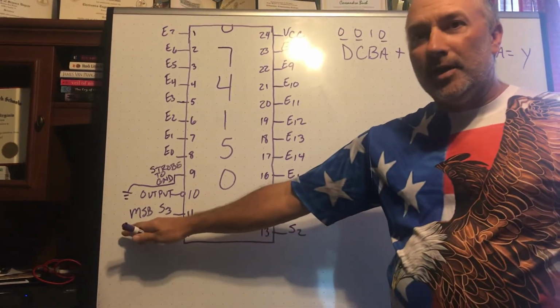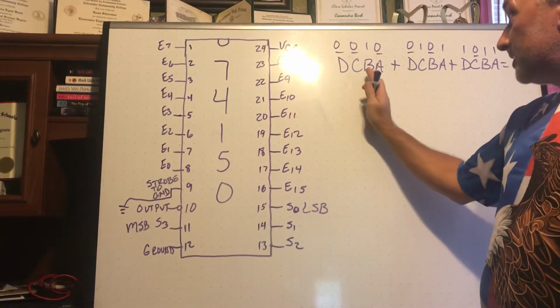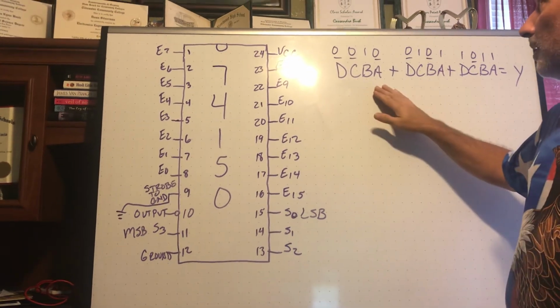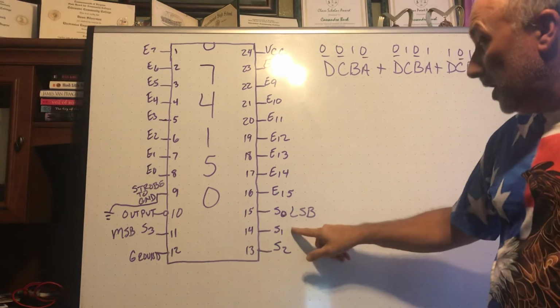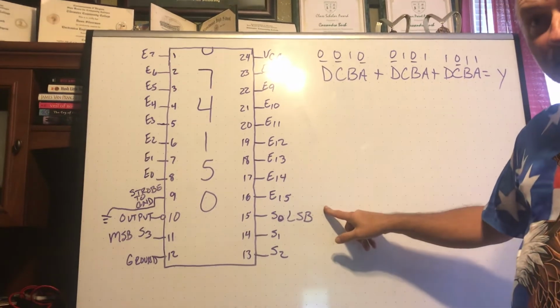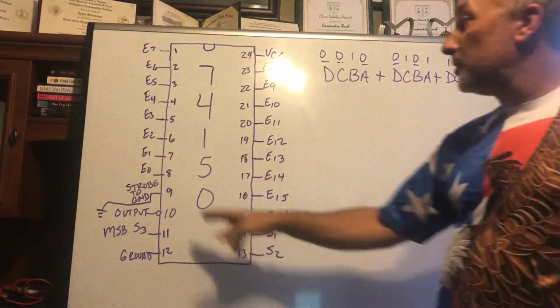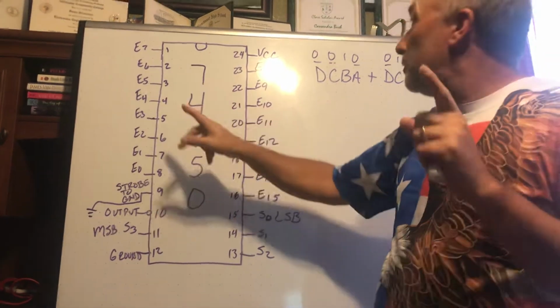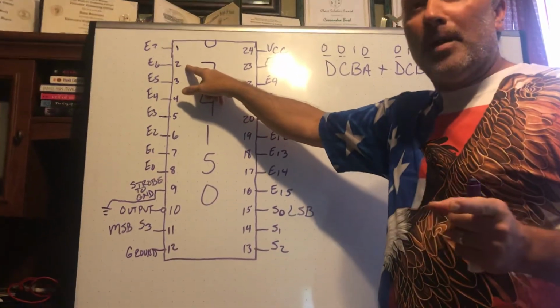With S3 as our most significant bit, which would be D, and S0 our least significant bit, A. So if I want 0, 0, 1, 0 in there, I'm going to put 0, 0, 1, 0 on my selector switches. Well, that gives me what? 3. So it's going to go to 3. That's going to be one of my, or 2, sorry. That's 2. So it's going to go to 2. That's going to be one of my min terms.